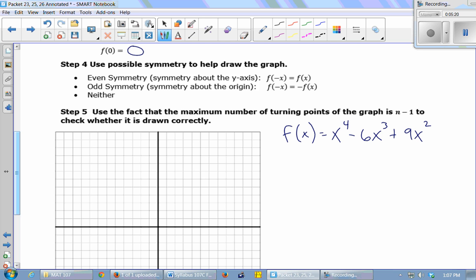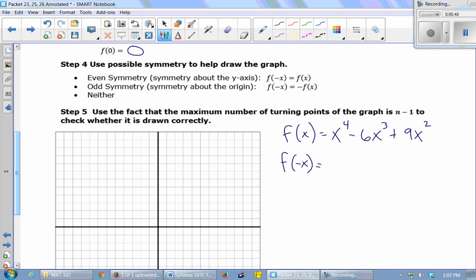If I plug in a negative x and I get the exact same function out, right? If you plug in a negative x and you plug in an x and you get the exact same thing, then that's an even symmetry. If you plug in a negative x and you get the opposite function out, then that's odd symmetry.